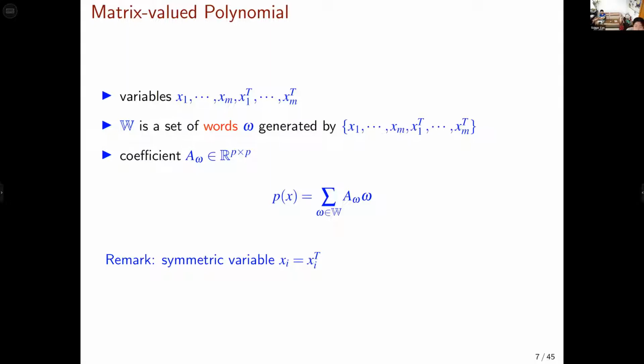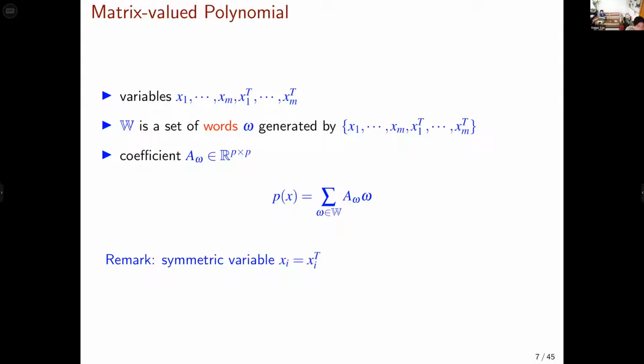So the monomial omega can be seen as a word generated by the variables x1 to xn and their transposes x1 transpose to xn transpose. The coefficient of the matrix-valued polynomial is also a matrix. In this talk, we always assume the coefficient is of dimension p.